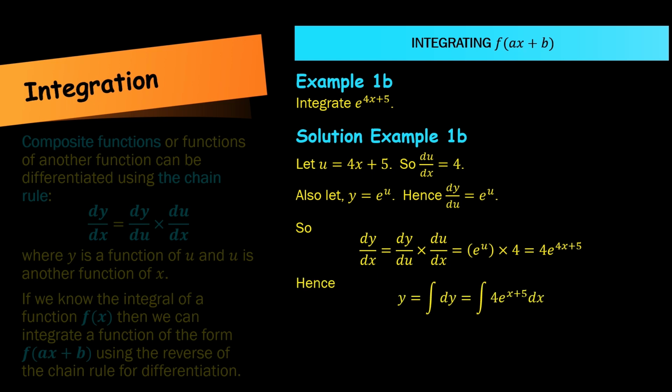Now we can use the equation for dy/dx equals 4e to the power 4x plus 5 to find y. Integrating both sides gives us y equals the integral of dy on the left-hand side and the integral of 4e to the power 4x plus 5 dx on the right-hand side.